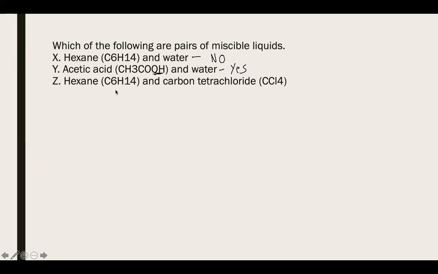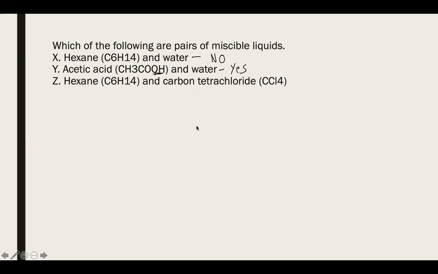Then for this last one here, I think is the trickiest one. You have hexane and carbon tetrachloride. Hexane, as we just discussed in the first one, is very nonpolar. It's a chain of carbons that's completely covered by hydrogens, so all the dipoles cancel out. Carbon tetrachloride, you might think, oh, chlorine is really electronegative.